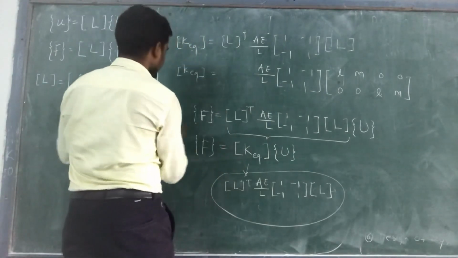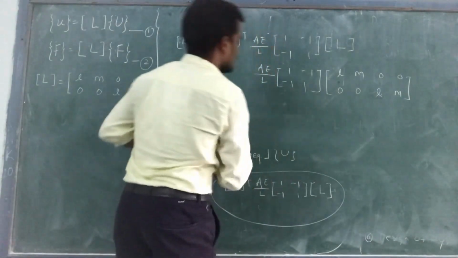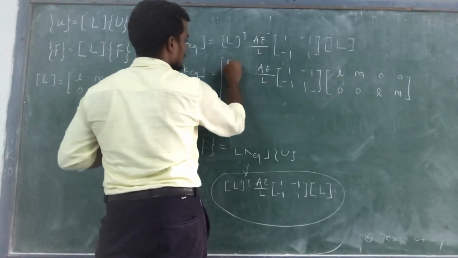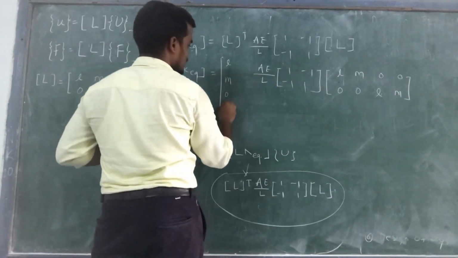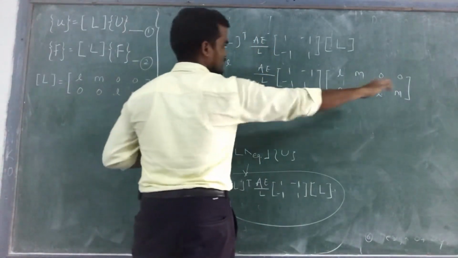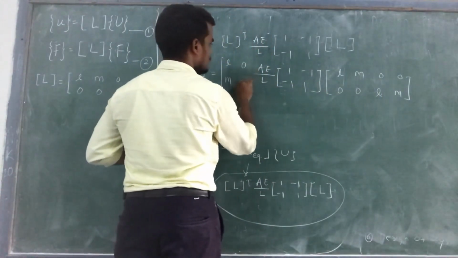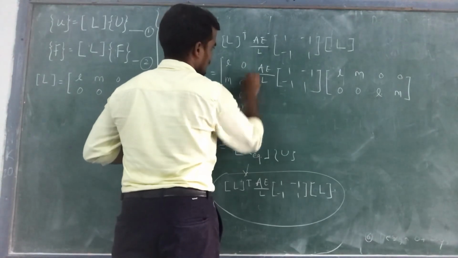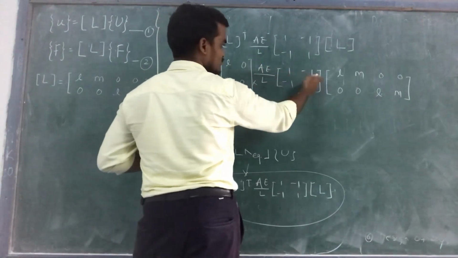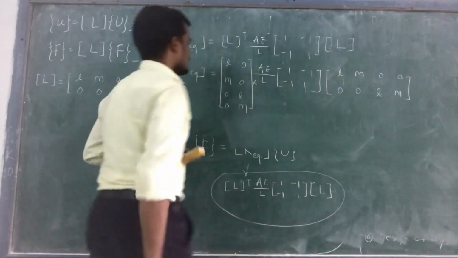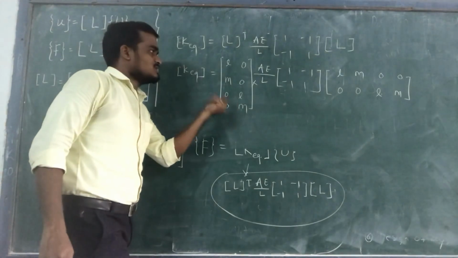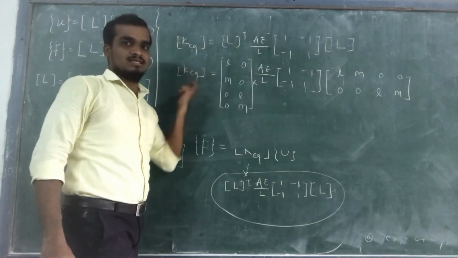The transpose of this matrix is [l 0; m 0; 0 l; 0 m]. Transpose means the first row becomes the first column, and the second row becomes the second column. Then into AE by L [1 -1; -1 1] into this matrix. In this way you will get the element stiffness matrix in global coordinates for the truss element.